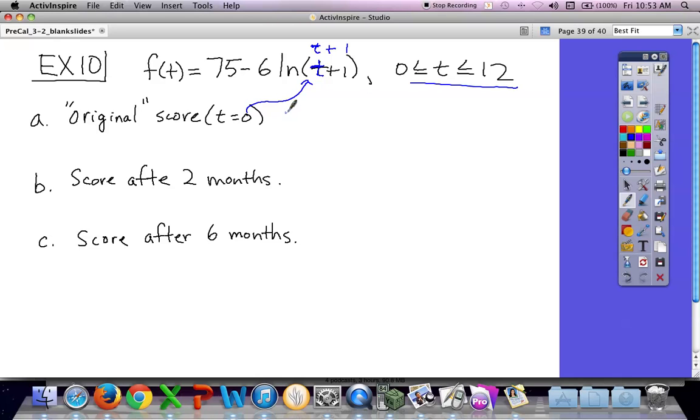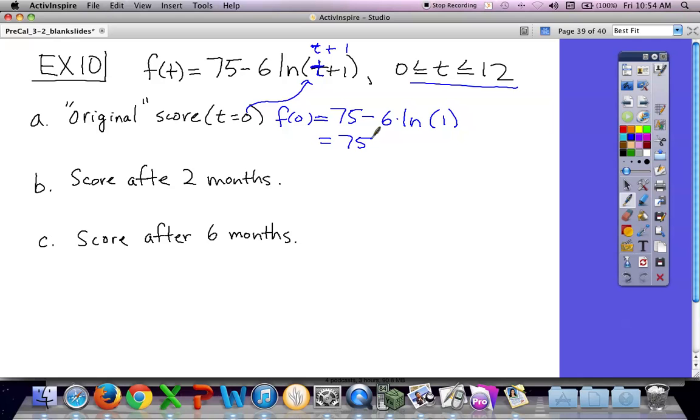So here's what we get. f of 0 equals 75 minus 6 times ln of 0 plus 1, which is 1. But by the properties, what is ln of 1? 0. Right? So this is equal to 75.